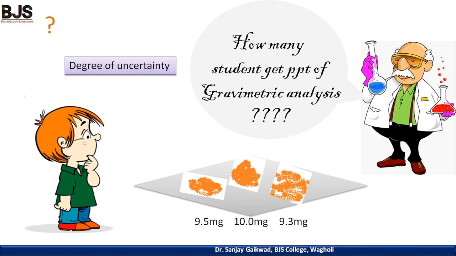Some get a higher quantity of precipitate, some a lower quantity. For example, 9.5 milligram of precipitate was observed by the first student, 10 milligram by the second, 9.3 milligram by the third, and some students did not get that much precipitate.